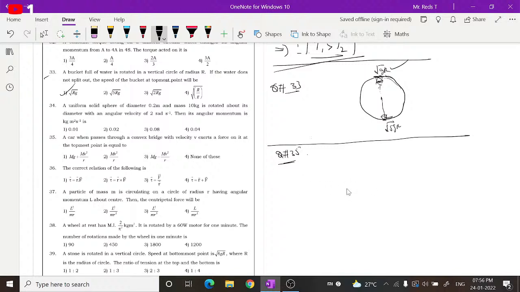Like this, we have a convex bridge. Let's call this a convex bridge.